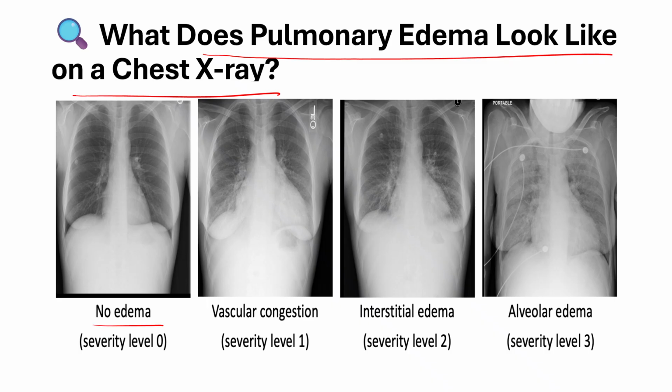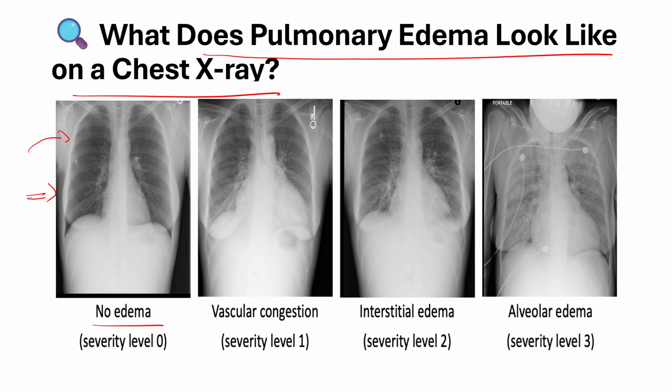So this first image on the right side, this is the normal chest X-ray with no edema. So you can see that the lung field appears normal. It's radiolucent. There is a fine vascular marking.